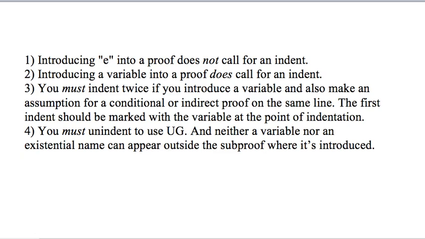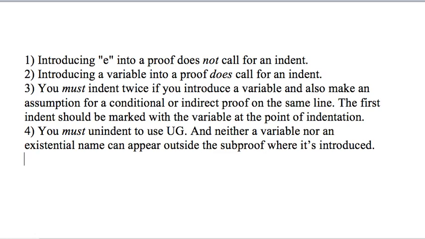In order to use universal generalization, you must unindent. You apply universal generalization to a line that's on an indented subproof, and then when you apply UG, you take a quantified formula that has the last line of that indented subproof as an instance.